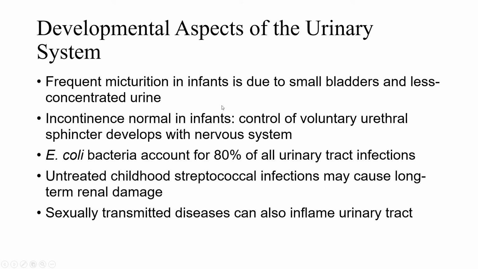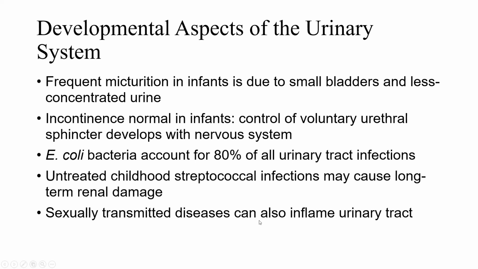E. coli accounts for 80% of urinary tract infections, which come from the digestive system, so improper wiping. Untreated childhood streptococcal infections can also cause long-term kidney damage. And of course, sexually transmitted diseases can also inflame the urinary tract.